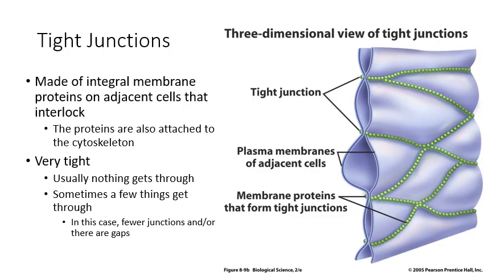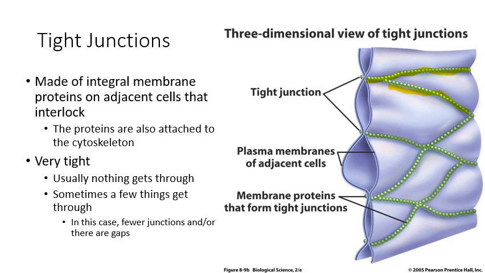Okay, so now we have our cell junctions, which are just connections between cells. You have three basic types of cell junctions: tight junctions, desmosomes, and gap junctions. Tight junctions look sort of like zippers, sort of like zipping the walls of two cells together.